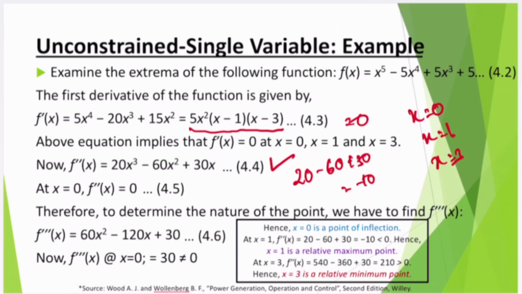Similarly, if I put x equal to 3, the answer is 210, which is greater than 0, positive, and hence it is the minimum point. It has been given in a small box that by substituting x equal to 1 and x equal to 3, you get a negative value and a positive value, and that shows which is the maximum point and minimum point.